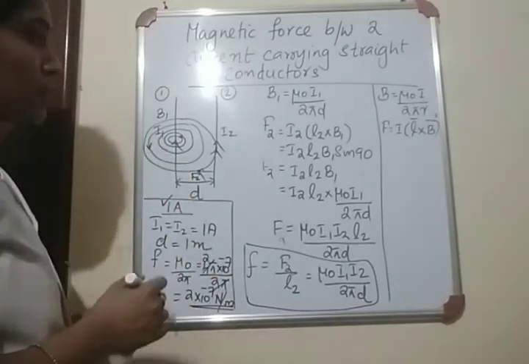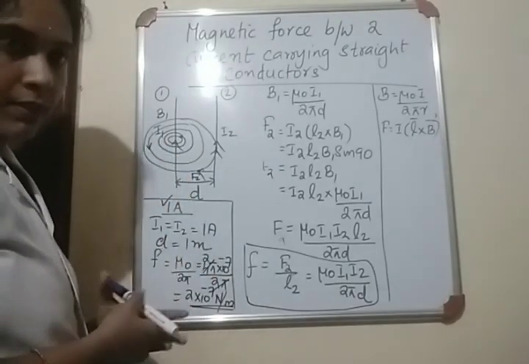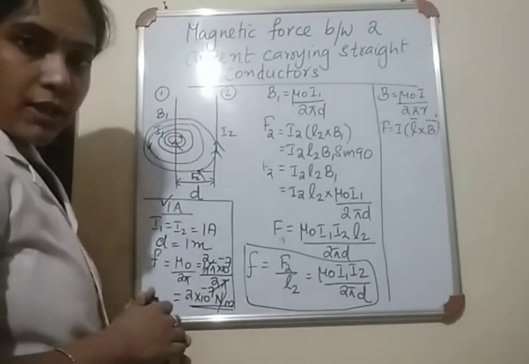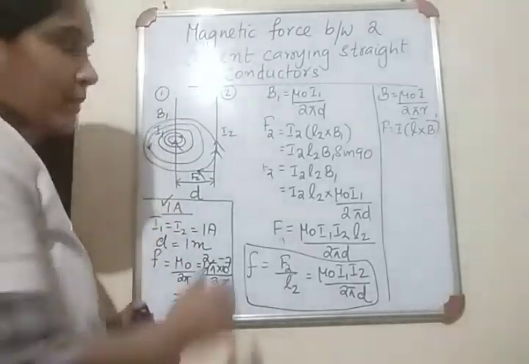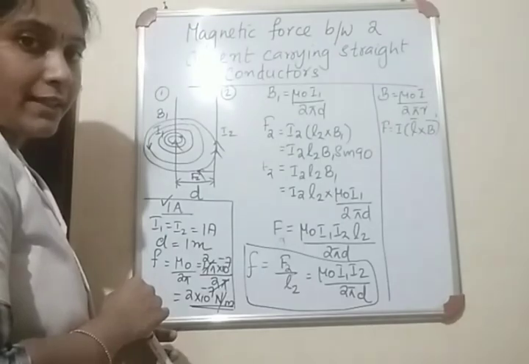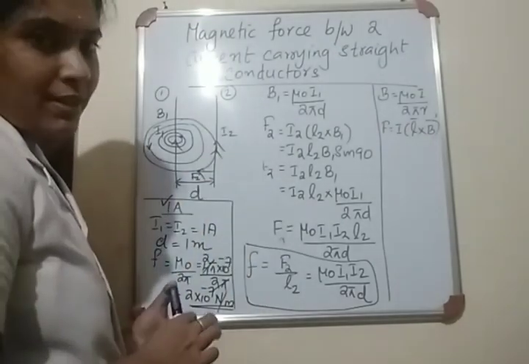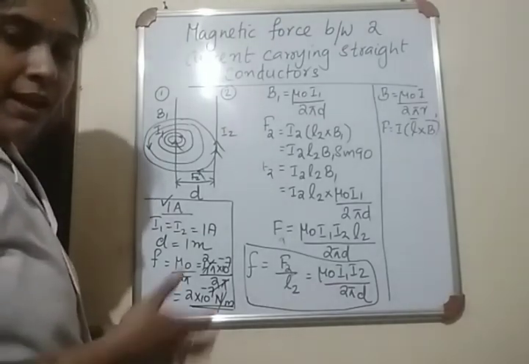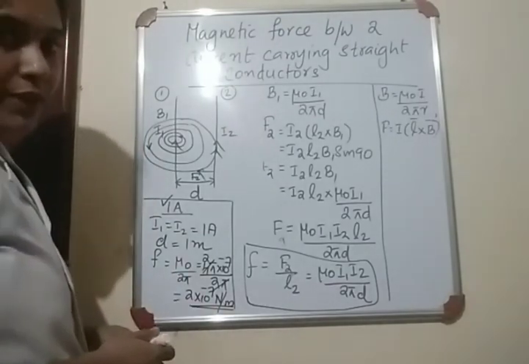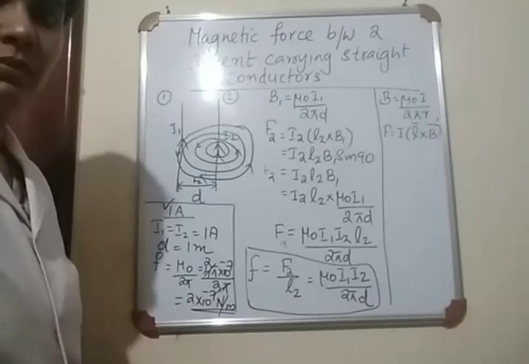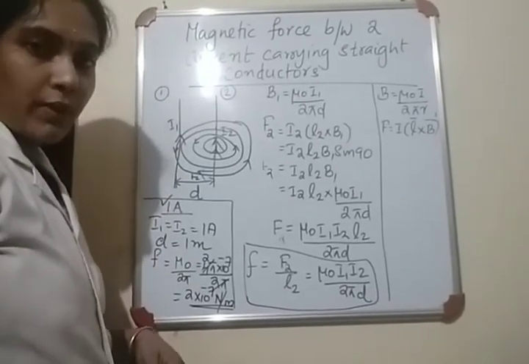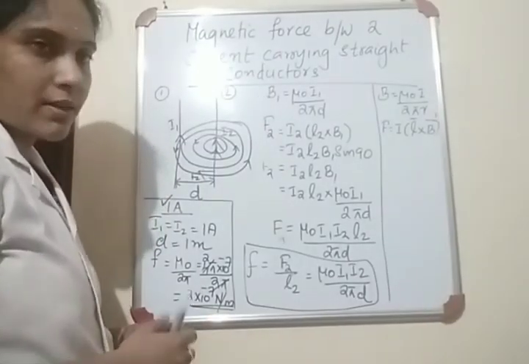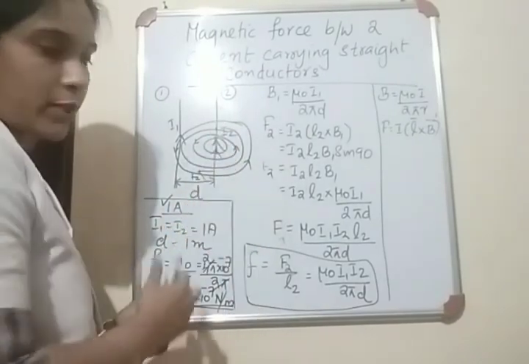Then what will be the force experienced by the first conductor? First conductor will also experience force. Why? Because first conductor is lying in the magnetic field produced by the second conductor. So our second conductor also produces magnetic field. And what is the direction of that magnetic field? Here also the magnetic field will be acting in the anti-clockwise direction since current is flowing upward.